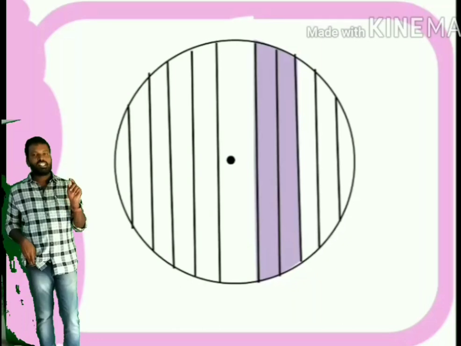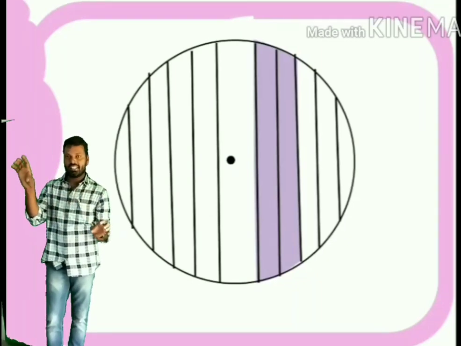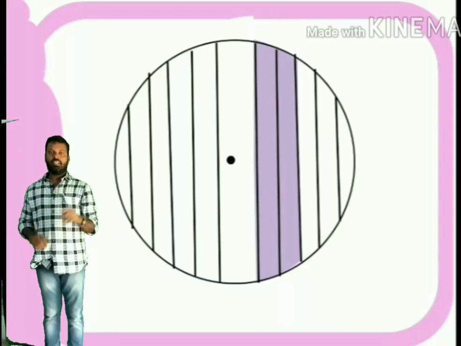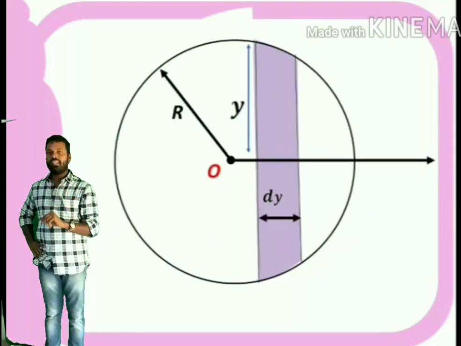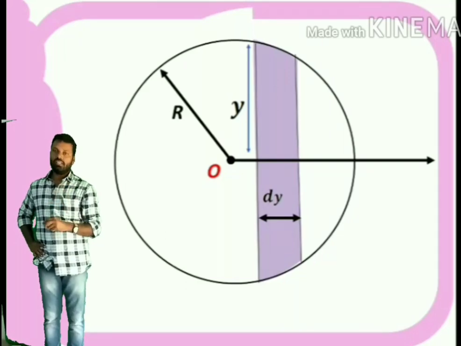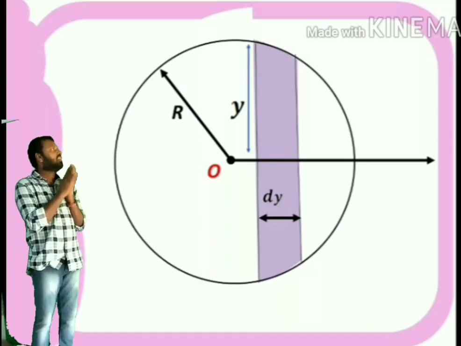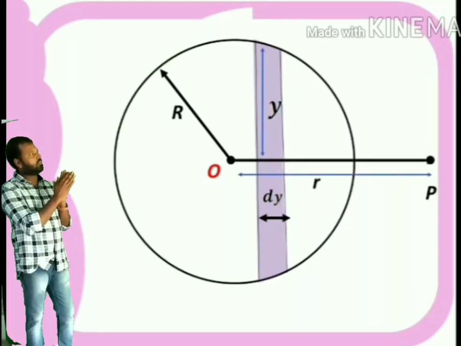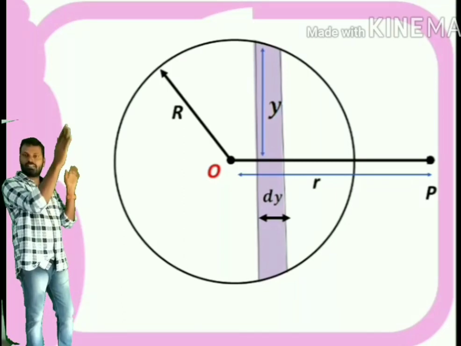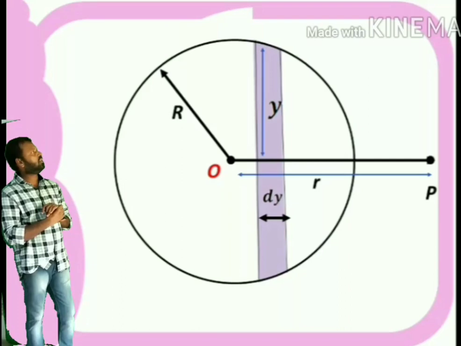All these are small rings as the radius is gradually increasing. Right? I am considering one of such rings with radius y and thickness dy. See here. Now I want to find out electric potential at P due to this small ring. After that I will integrate within the limits to get potential due to the whole spherical shell. Right?